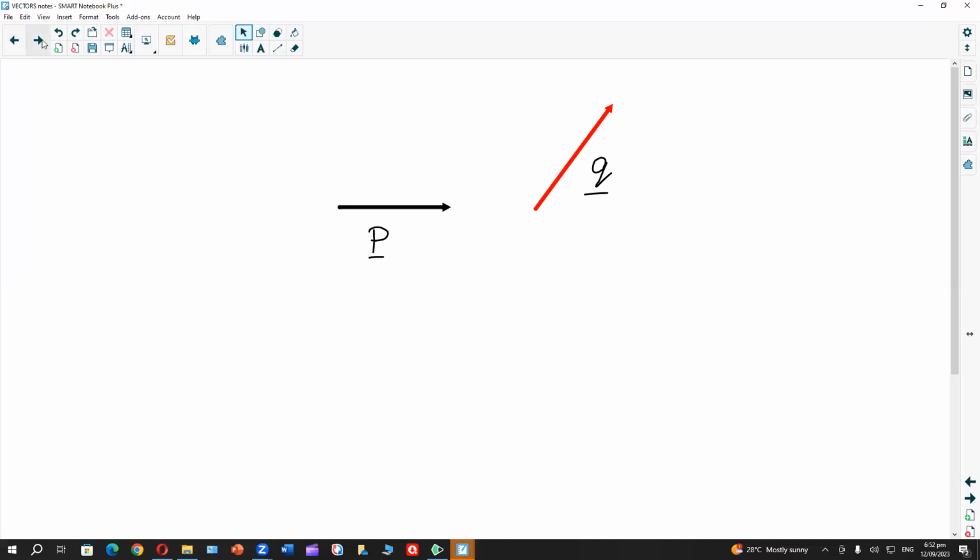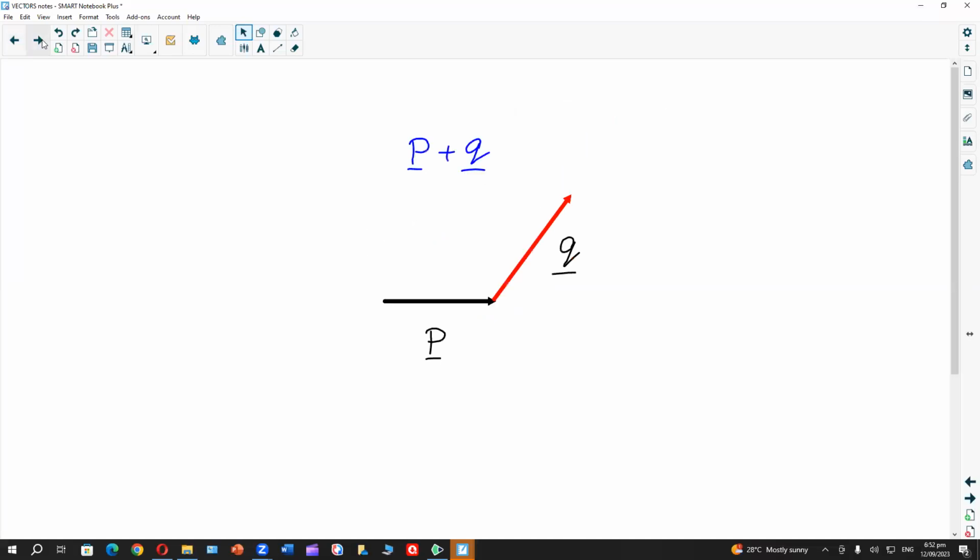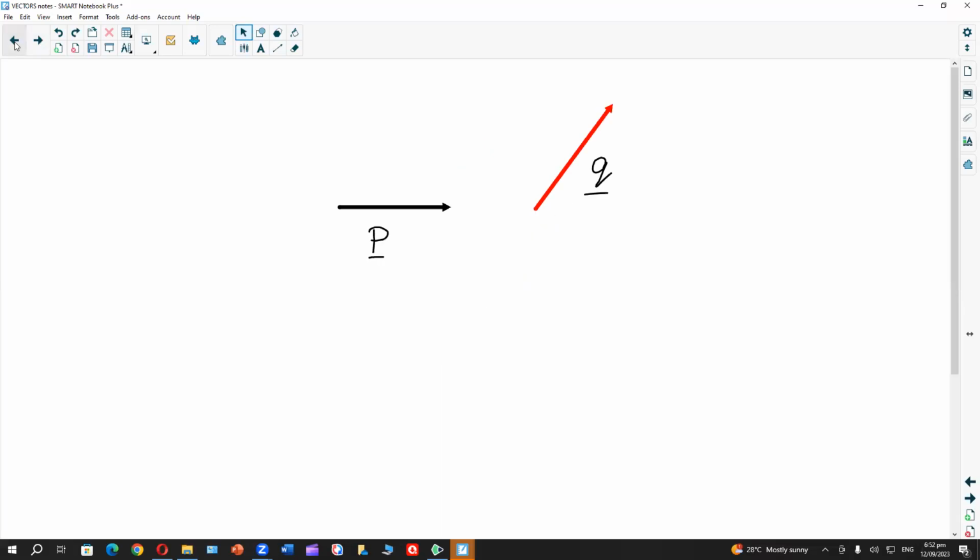When two vectors are joined head to tail, they are being added. So copy this example.